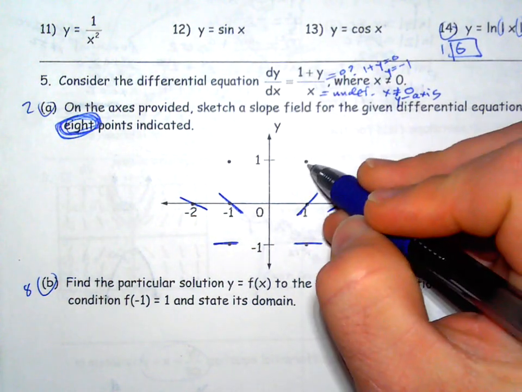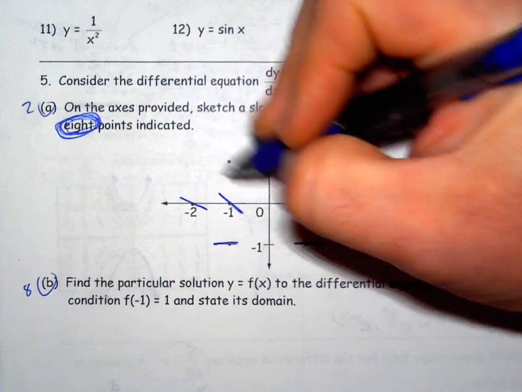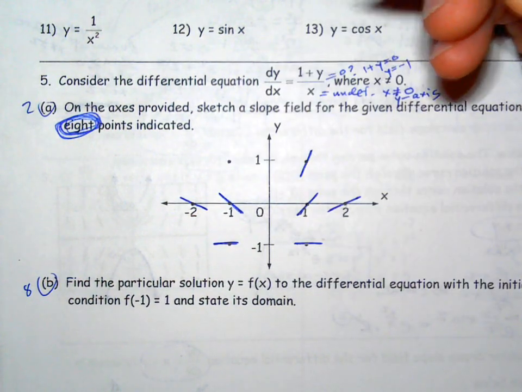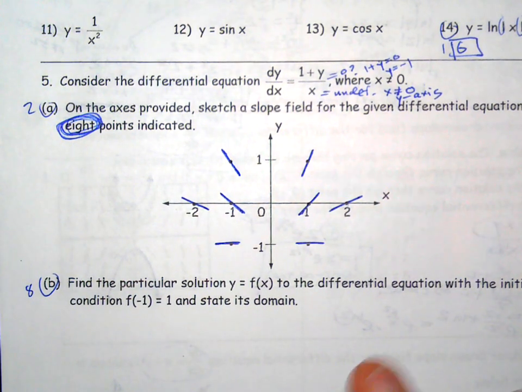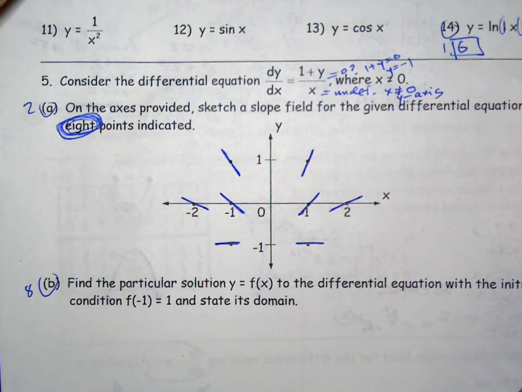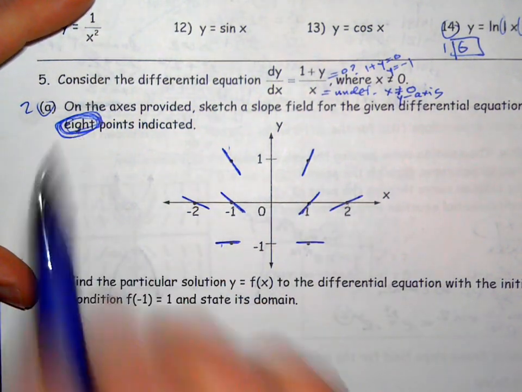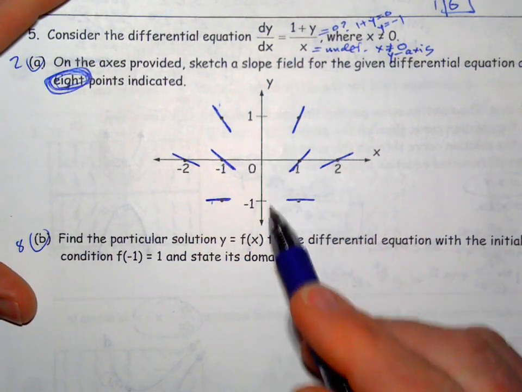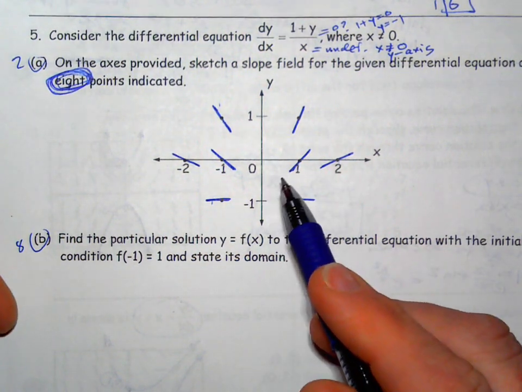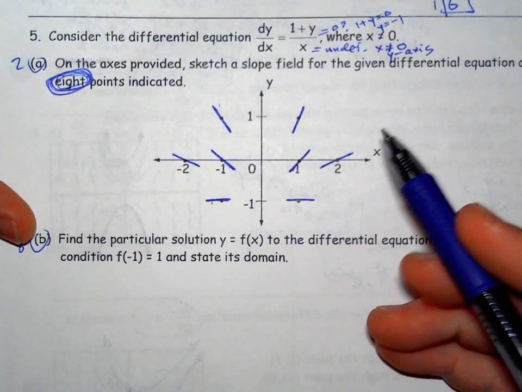And then 1, 1 would give you a slope of 2. And this would give you a slope of -2. So make sure that the slopes are getting steeper when they should be. Positive and negative, but 1, 2, 3, 4, 5, 6, 7, 8. Okay, good. I got them all. I didn't give any extras. And if they leave them out, they're not trying to trick you. They're actually trying to help you not graph slopes where you shouldn't.